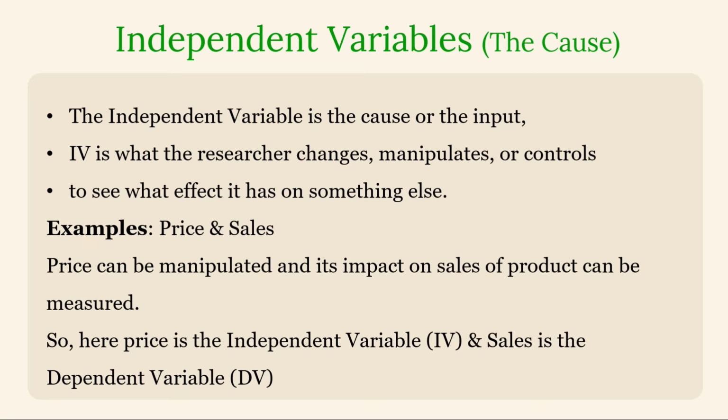The independent variable is called the cause or input variable, because independent variables are those variables which the researcher can change, manipulate, or control, and its impact is measured on the dependent variable. Let us understand this with the example of price and sales. Here, price can be manipulated by the researcher, by either increasing or decreasing the price of a product, and then the impact of this price change can be studied on sales of that product.